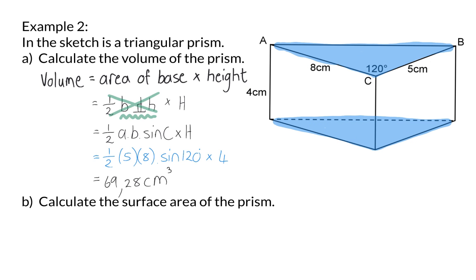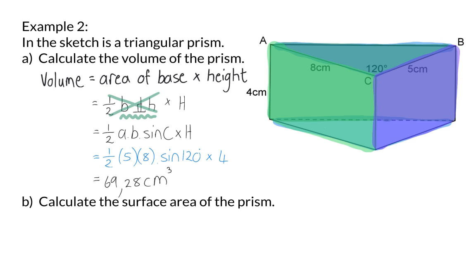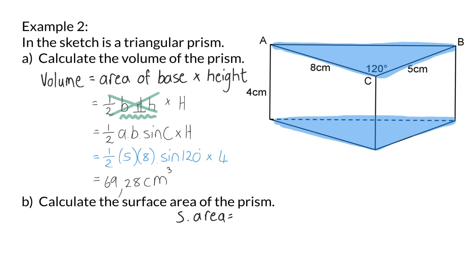To calculate the surface area of this prism, we need to add up the area of the two triangles and each one of the three rectangles. For the area of each one of the triangles, we just saw in question A that we can use our area rule.